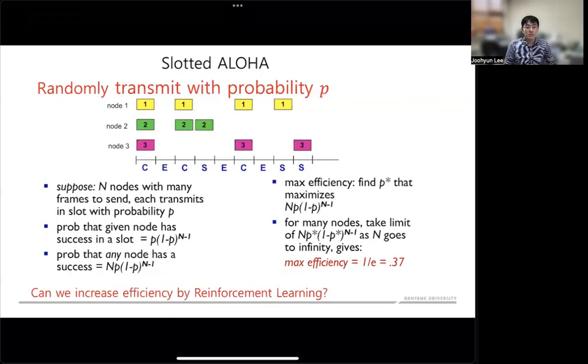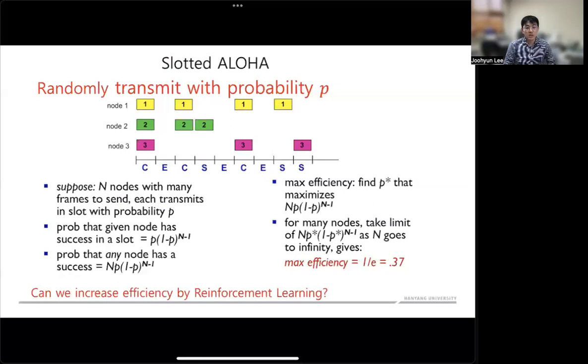So in this talk, we will solve the problem of random access protocol. One of the famous random access protocols is the slotted Aloha protocol. The random access problem that slotted Aloha solves is that time is slotted and several nodes transmit packets to an access point.